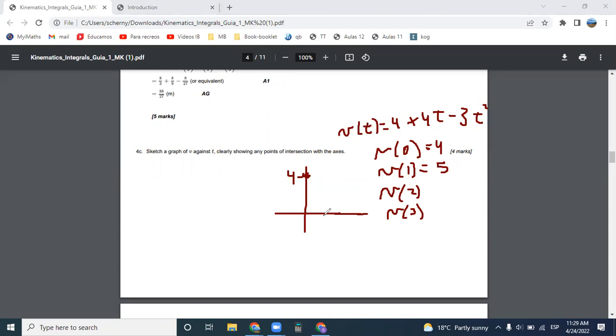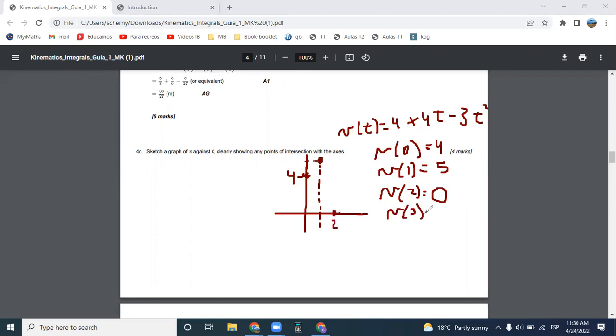So when t is 1, we are at 5 here. So here we have a point. Then when t is 2, we have 4 plus 8, 12, minus 12, we have a 0. Oh, actually, this is a root, right? I didn't know. So when t is equal to 2, we have a root.